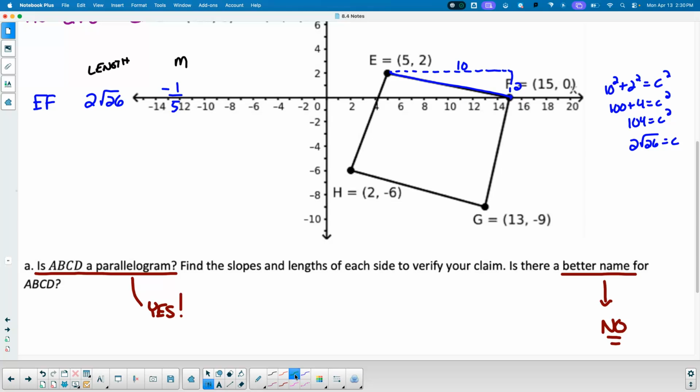Then we'll go FG. Let's see, this is 2 down here, this is 9 down there.